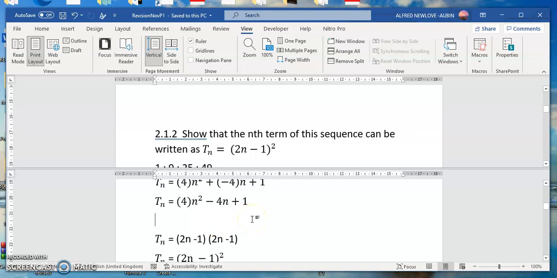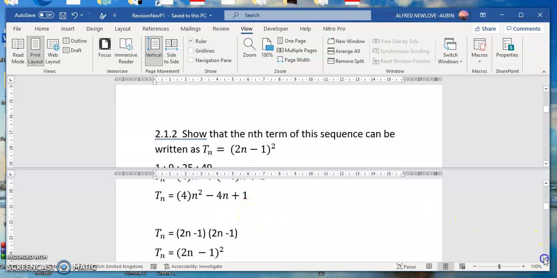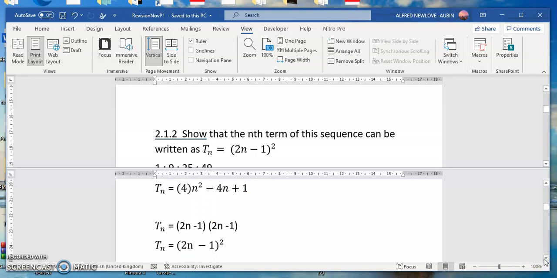Okay, but before I show you, if I still have time now, I may show you in the next video. Now this and this gives you 2n minus 1 all squared, because it's occurring 2 times. It's like a times a, which is a squared. So this is going to give you 2n minus 1 all squared.